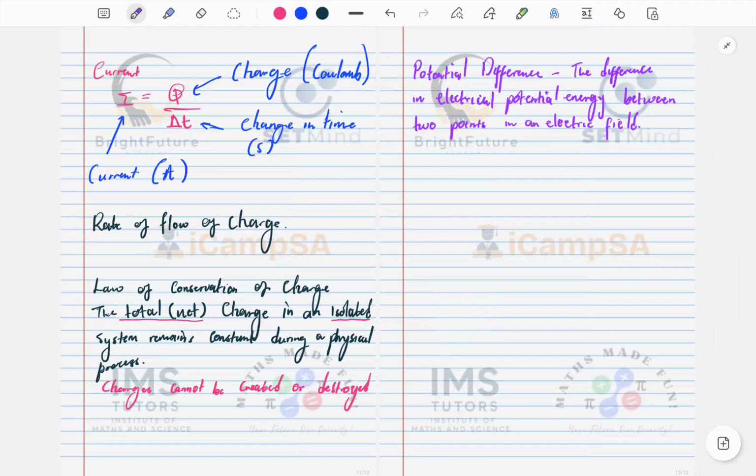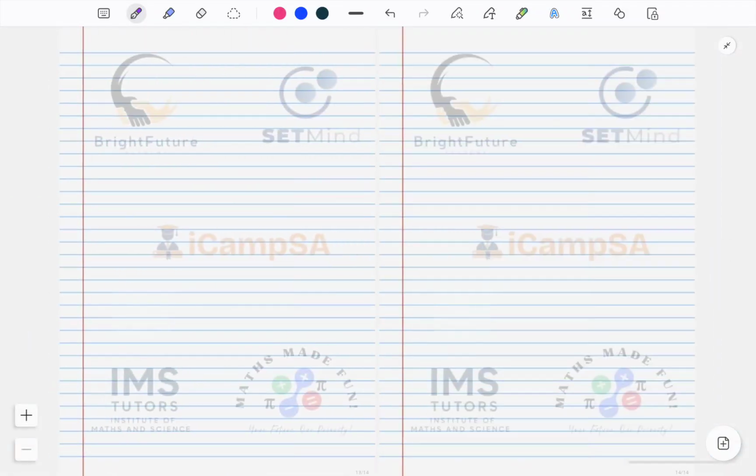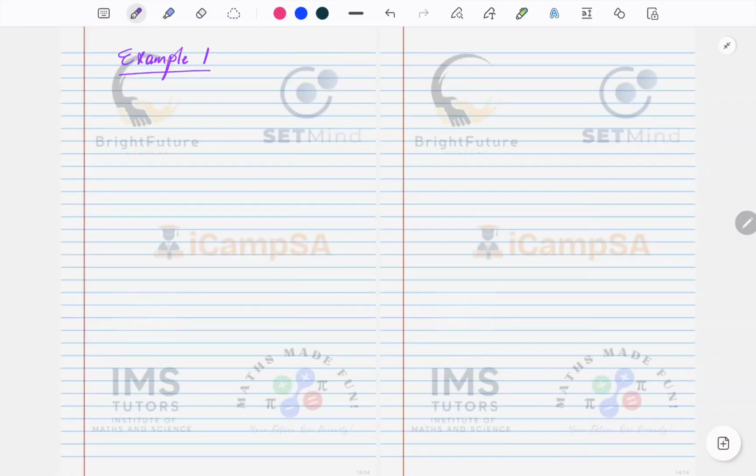Okay, so let's do an example and see if we know what we've been doing so far. Okay, let's do example 1. So I'm going to put everything that we've done so far.